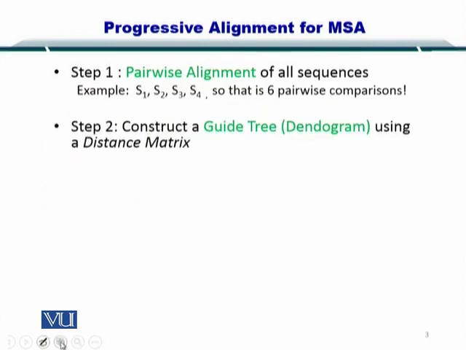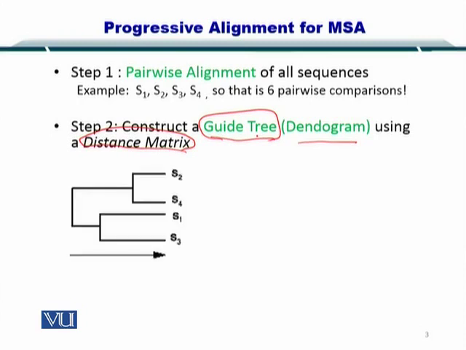So in the second step, what you do is you construct a guide tree, or simply a dendrogram, using a distance matrix. So here you need to understand what is a distance matrix and what is a guide tree. So for instance, this is a dendrogram or a guide tree for 4 sequences: S1, S2, S3, and S4.